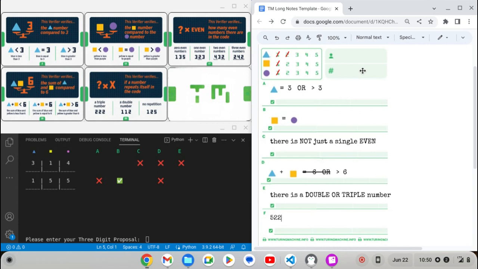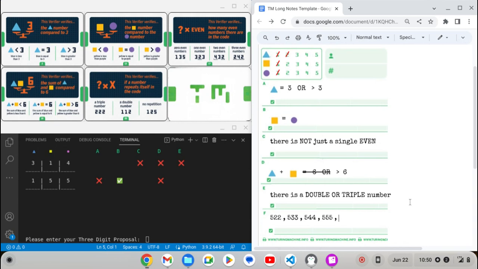Since I start out with 5, that's the first one, let me keep going with 5s. So it could be 522, it can be 533, it can be 544, and of course it could be 555.